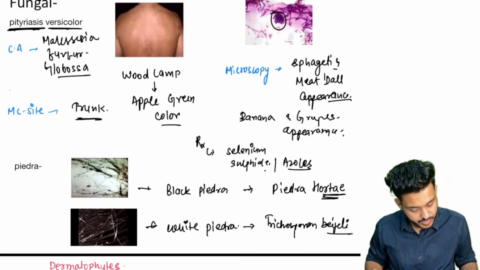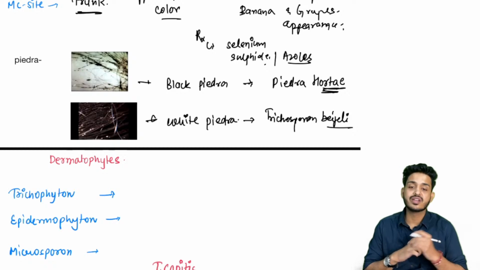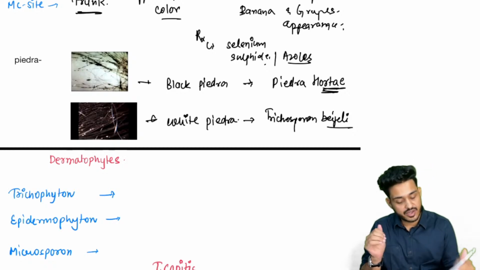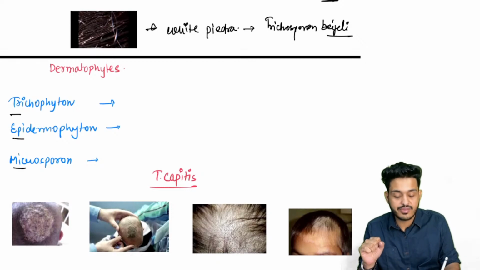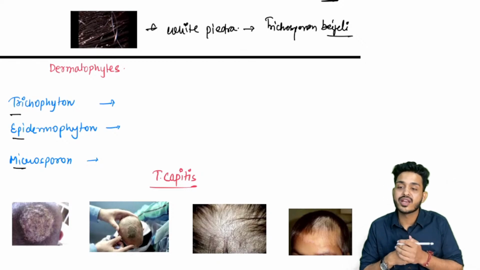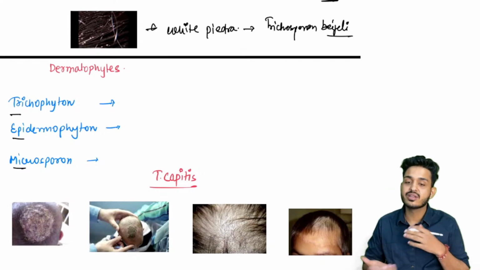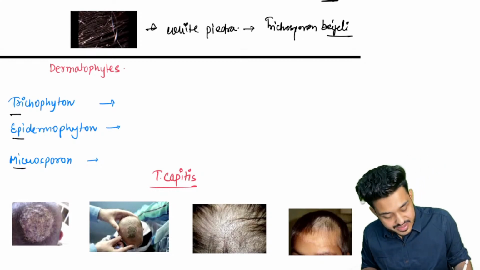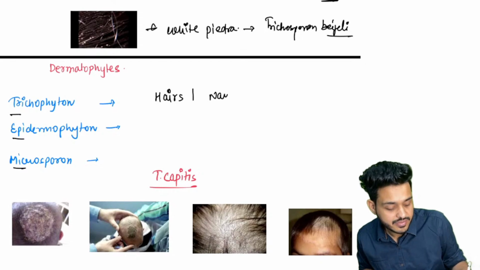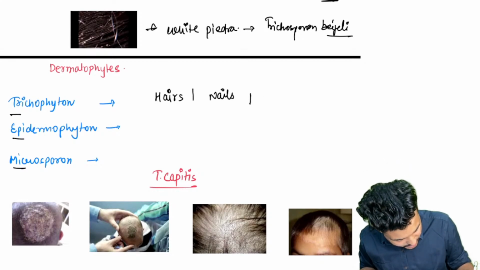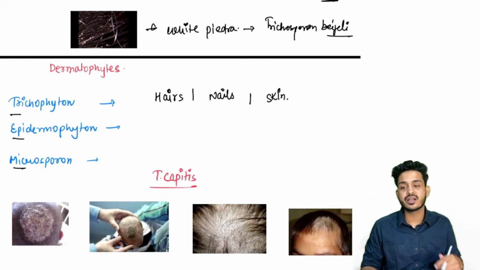Now next is your dermatophytes. What are the different kinds of dermatophytes that we have? We have Trichophyton, Epidermophyton, and Microsporum. Whenever the dermatophyte is infecting all three structures, your hairs, your nails, and your skin, that is Trichophyton.